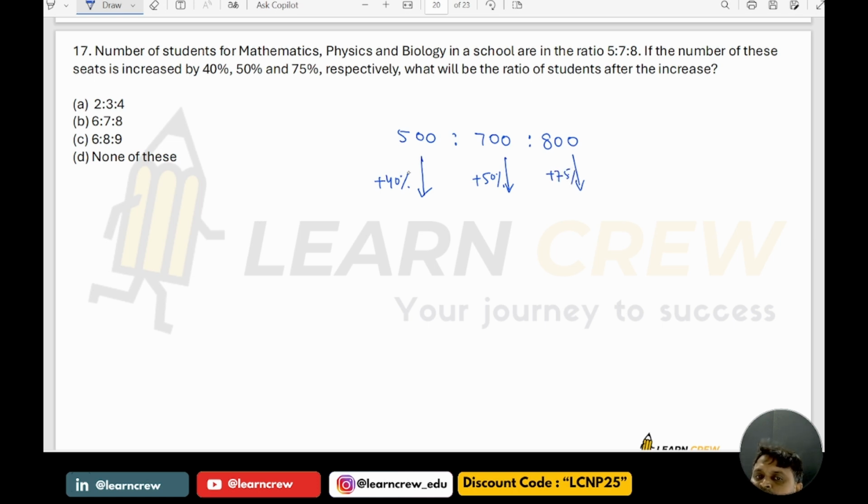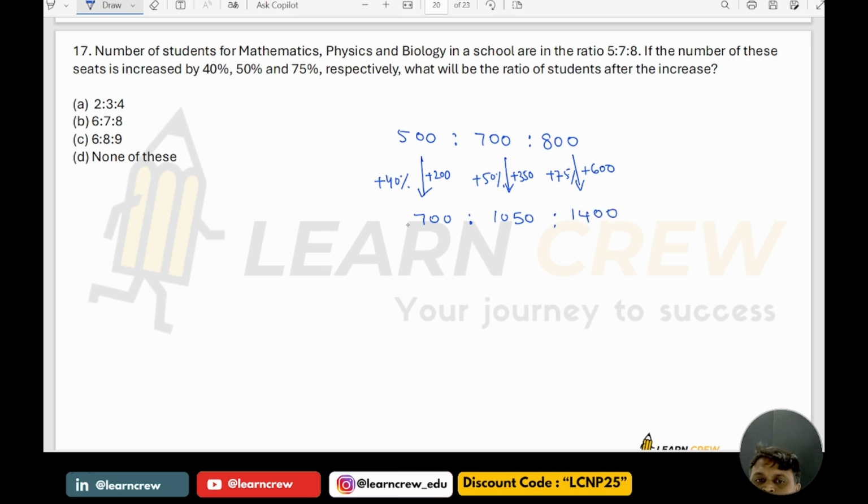So 40% of 500 is 200, 50% of 700 is 350, 75% of 800 is 600. Thereby 500 plus 200 is 700, 700 plus 350 is 1050, 800 plus 600 is 1400.